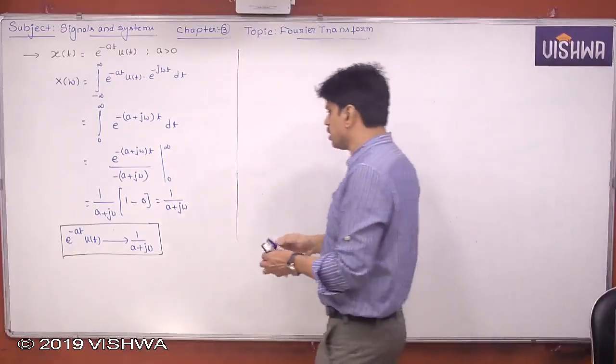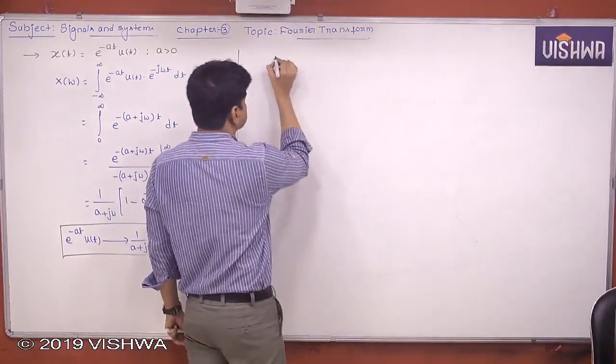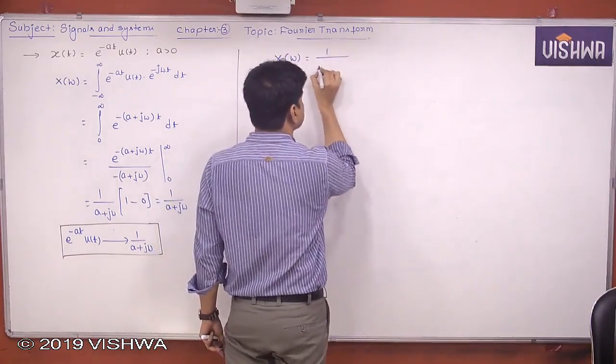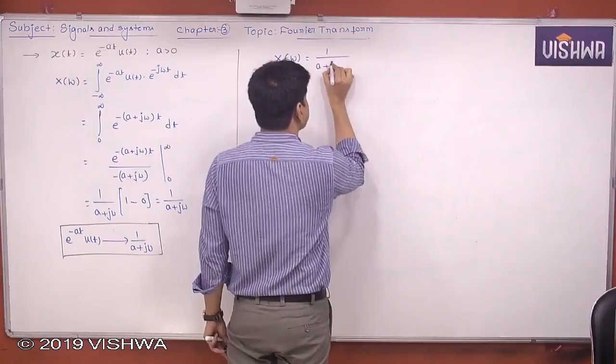Here we got X of omega, which is 1 by a plus j omega.